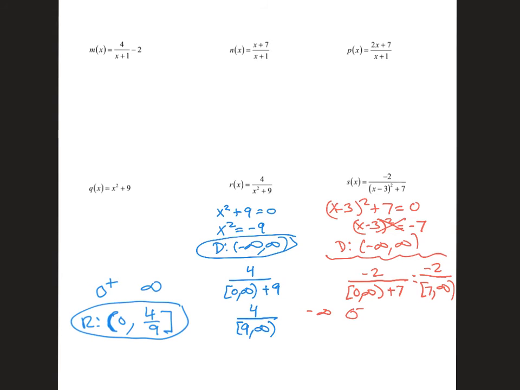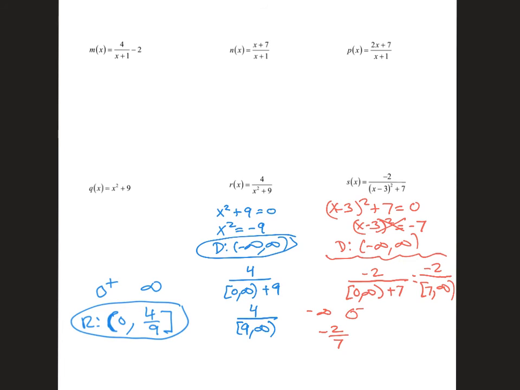The only way it explodes towards negative infinity is if I had -2 over tiny positives. I do not have that. Instead, the smallest I have in the denominator is 7, so it's not going to go towards negative infinity.